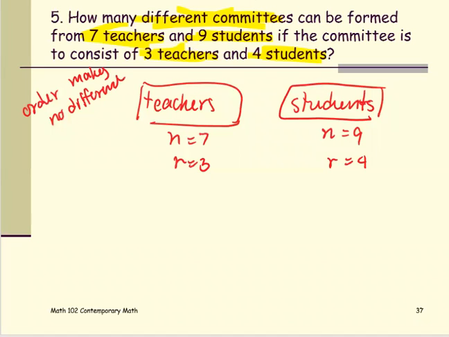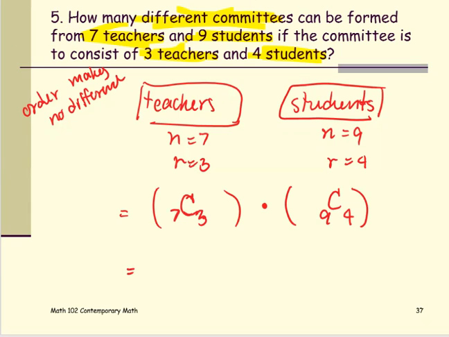Then we're gonna use the product of the combination of 7 selecting 3 for the possible ways from the teacher group, multiplied by the combination of 9 selecting 4 for the possible ways from the student group, since these 2 are independent from each other. So we're gonna multiply the possible ways from the teacher and the student groups together.